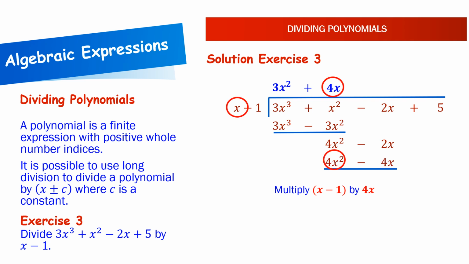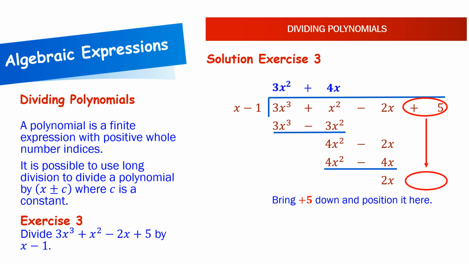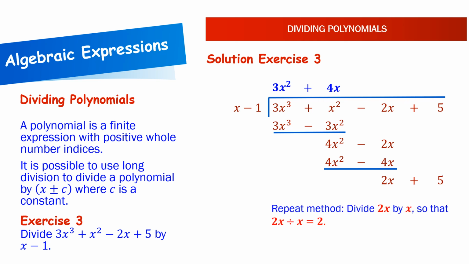To give 4x squared minus 4x. Subtract to give 2x and bring the 5 down and position it here. Now repeat the method.